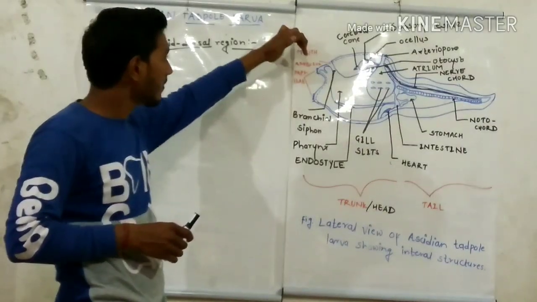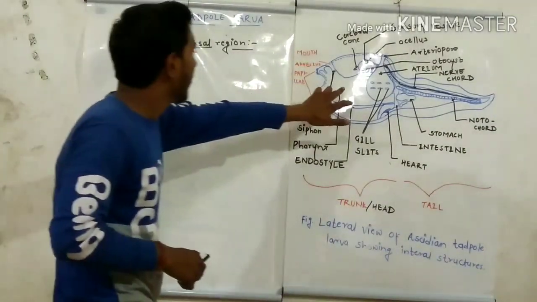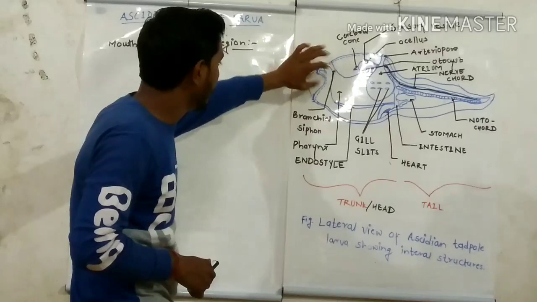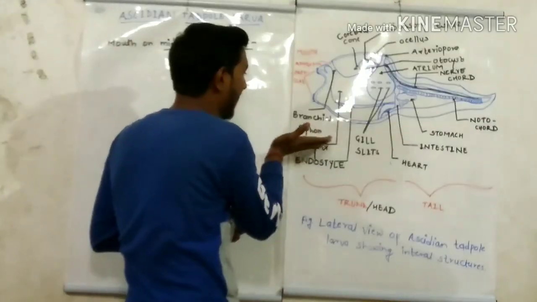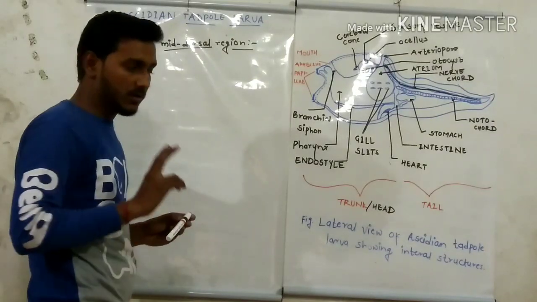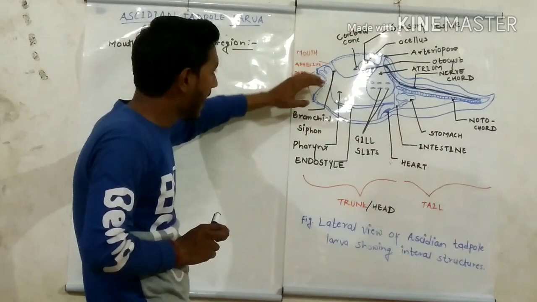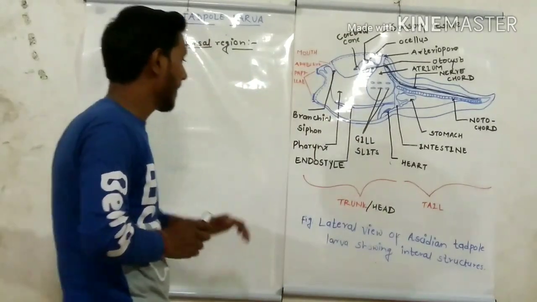This part is tube-like and is known as the branchial siphon. The mouth is mid dorsal in location, and it leads to the branchial siphon, and this branchial siphon leads to the pharynx.